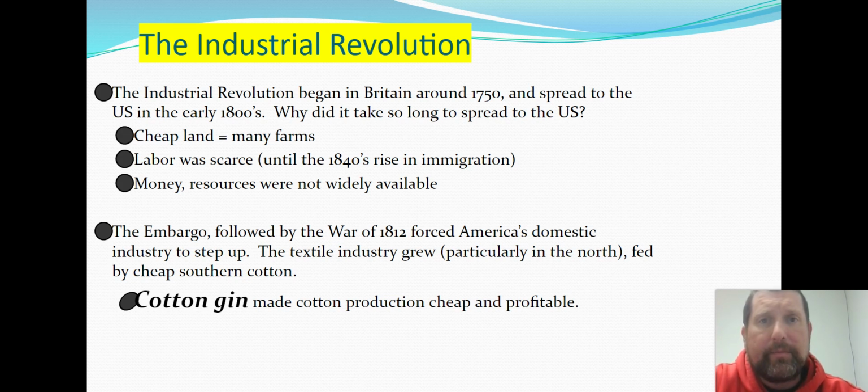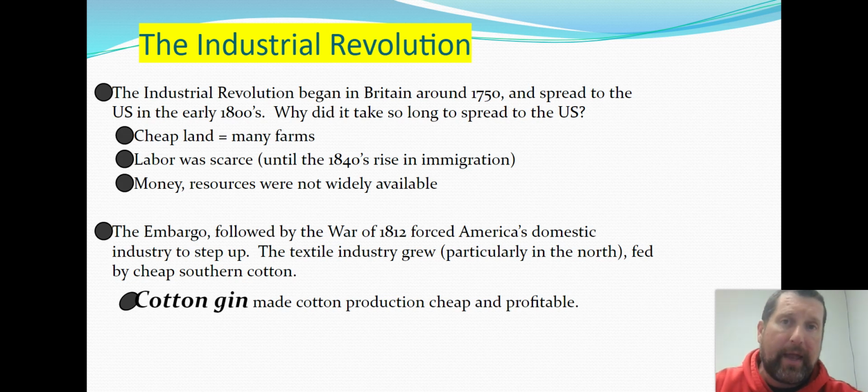But with that comes a demand for Southern cotton. And the invention of the cotton gin makes that production cheap and profitable. And ironically, as we'll see, makes the Southern economy even more dependent upon slave labor.